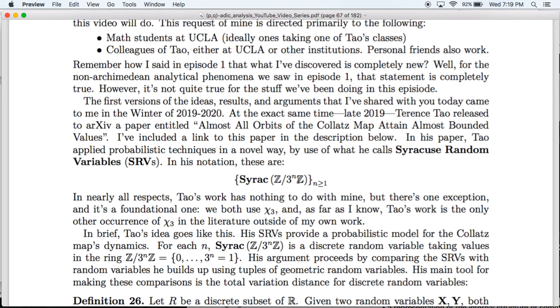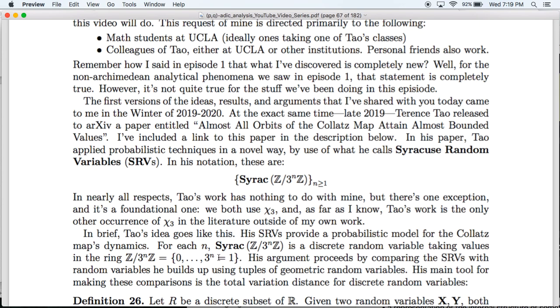So his idea goes like this. The SRVs provide a probabilistic model for the dynamics of the Collatz map. And just like me, in the opening pages of his paper, he derives these random variables by considering the constant term of what happens when you compose branches of the Collatz map multiple times. For each n, Syrac of Z mod 3 to the n Z is a discrete random variable taking values in this set.